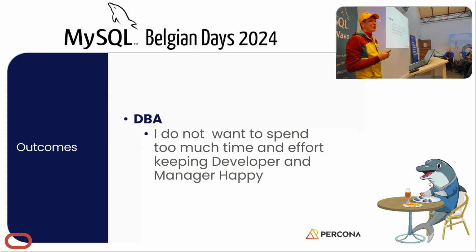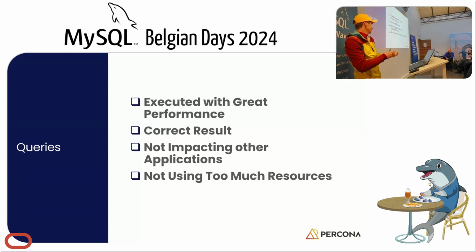Now, if you look at a database from a very high level, from my point of view, it's a very simple service, really. You connect to a database and you run a bunch of different queries, and you just want a few basic things to work. From a very basic point of view, you want the queries to be executed with performance.